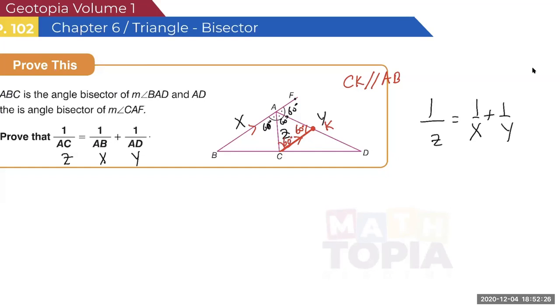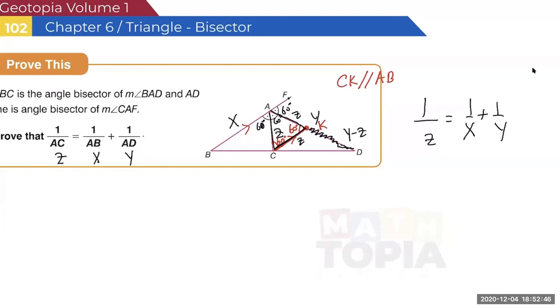An equilateral triangle. That is nice, right? So that leads us to putting this value Z here and this Z here. Then what do you think the value of this squiggly part is? Y minus Z.